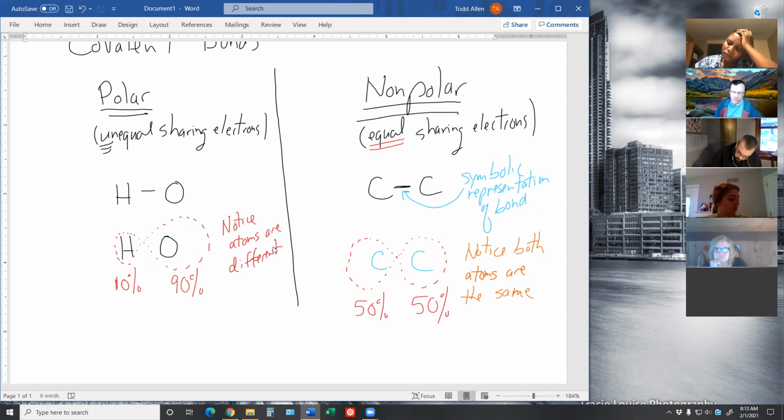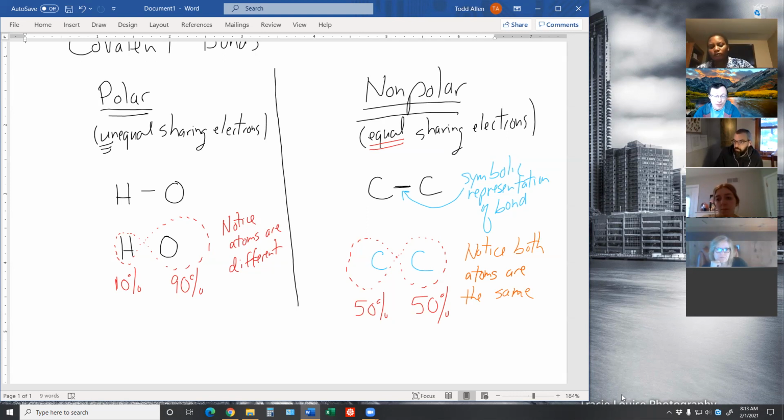So as a rough approximation, you can predict whether a bond is going to be polar or nonpolar simply by looking at the identity of the atoms on both sides of the bond.